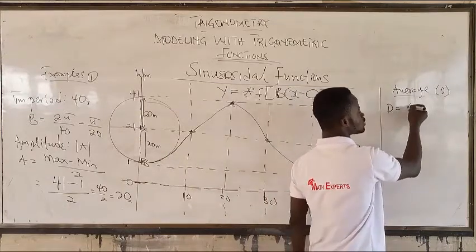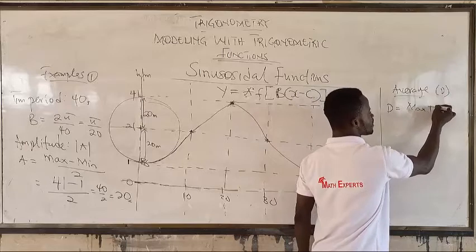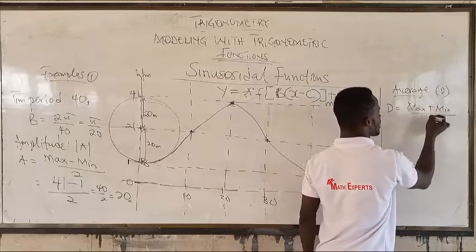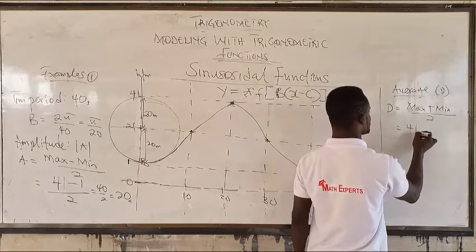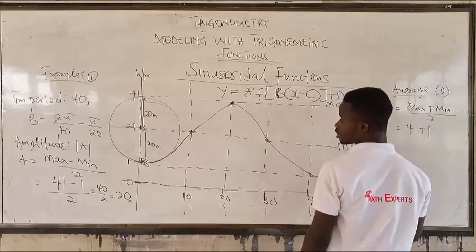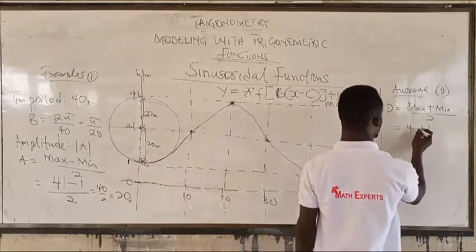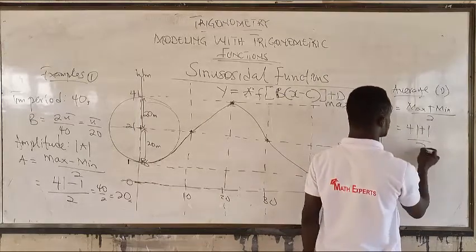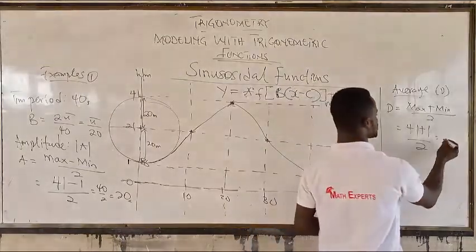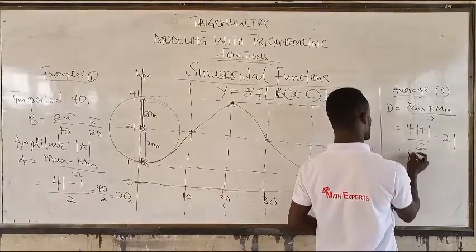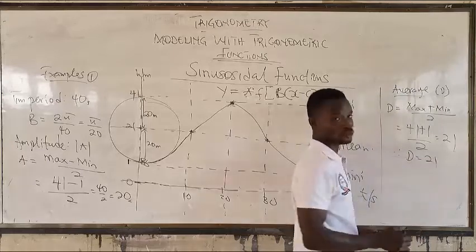The D is equal to the maximum plus the minimum over 2. So this is going to give us 41 plus 1 over 2, and that is going to give us 21. Therefore, D is equal to 21.